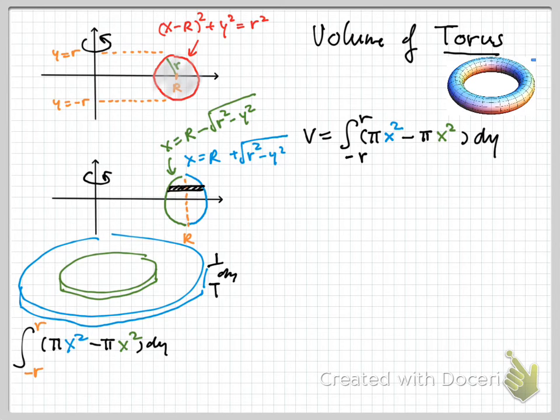That is the volume. Now it's interesting to investigate the x squared in blue minus the x squared in green.